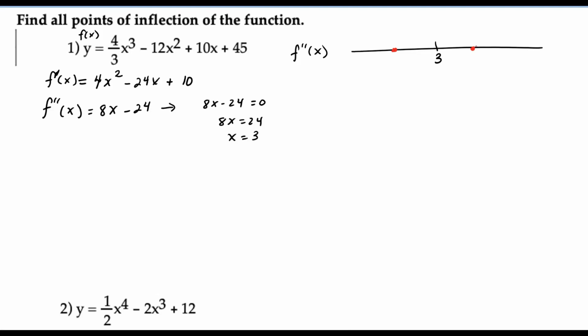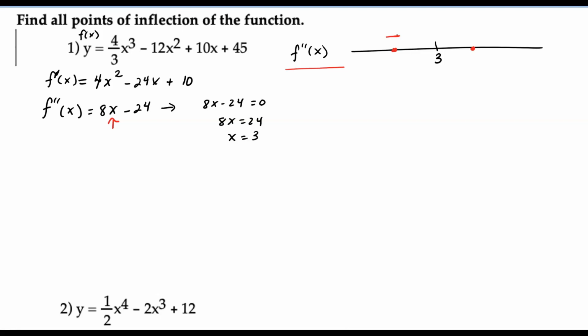So you're going to plug a number in for x, where it says 8x minus 24, your second derivative. That's why I always write f double prime. This tells me where I plug in my number, my test point. So let's pick a number like 0, for example. That's before 3. 8 times 0 is 0, and you're left with negative 24. So that's negative. And then you pick a number after 3, suppose 4.